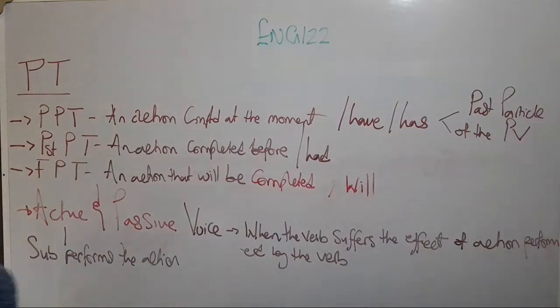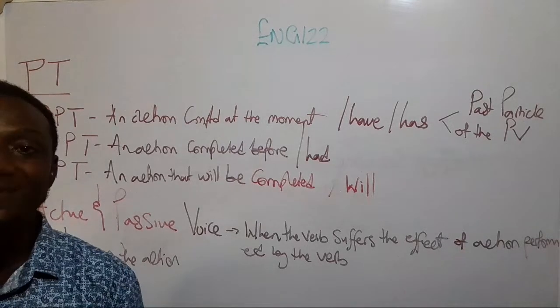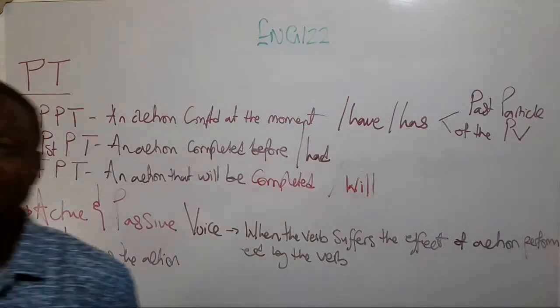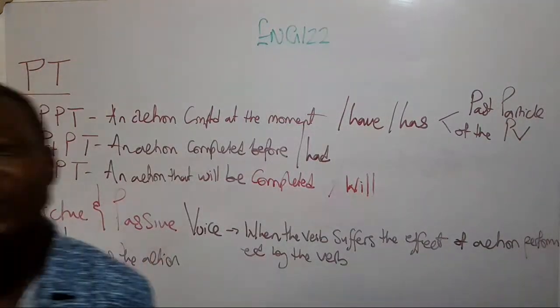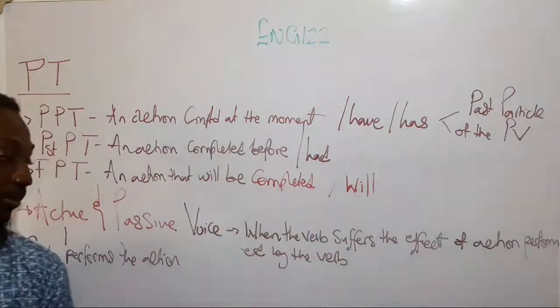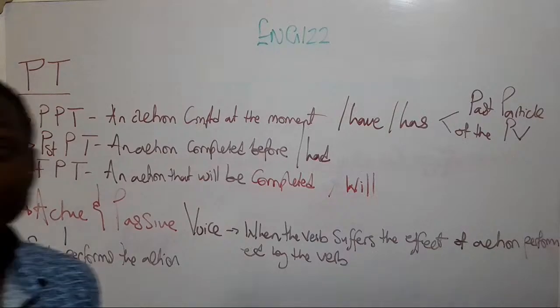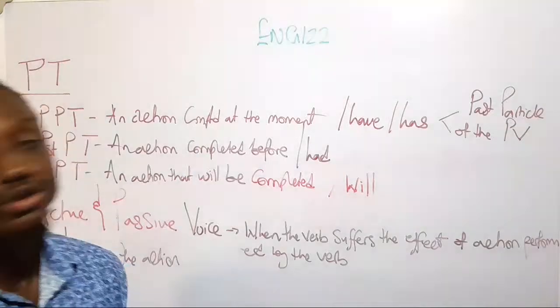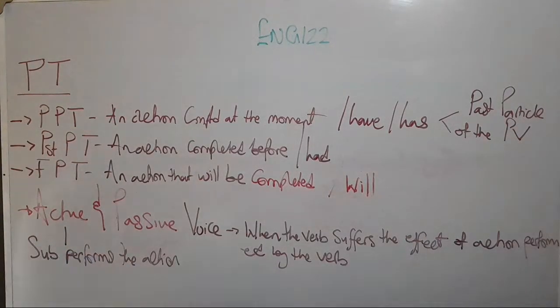There's a doer, the one who makes things happen, and there's a receiver on the other end, suffering the effect of the active verb. So we have that.